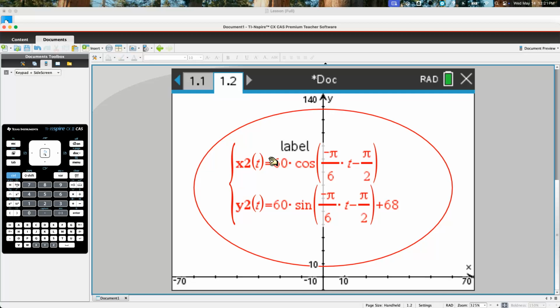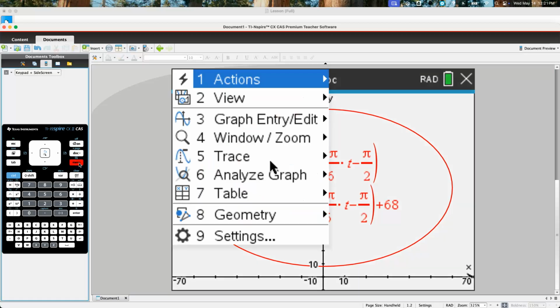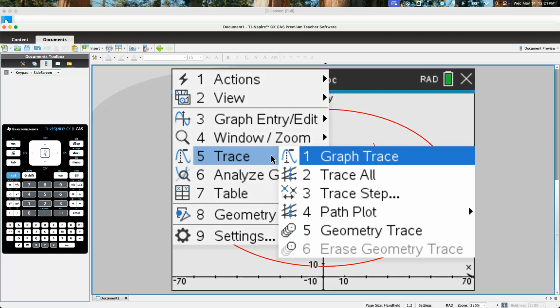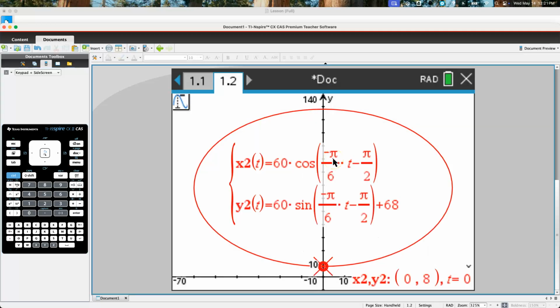Okay? So what is the location of the gondola when t equals 5? So we can graph trace here now on that. First check is we were told that we needed to go in a clockwise direction, correct? Okay, so we should be going in a clockwise direction, which we are, as we go up to t equals 5.